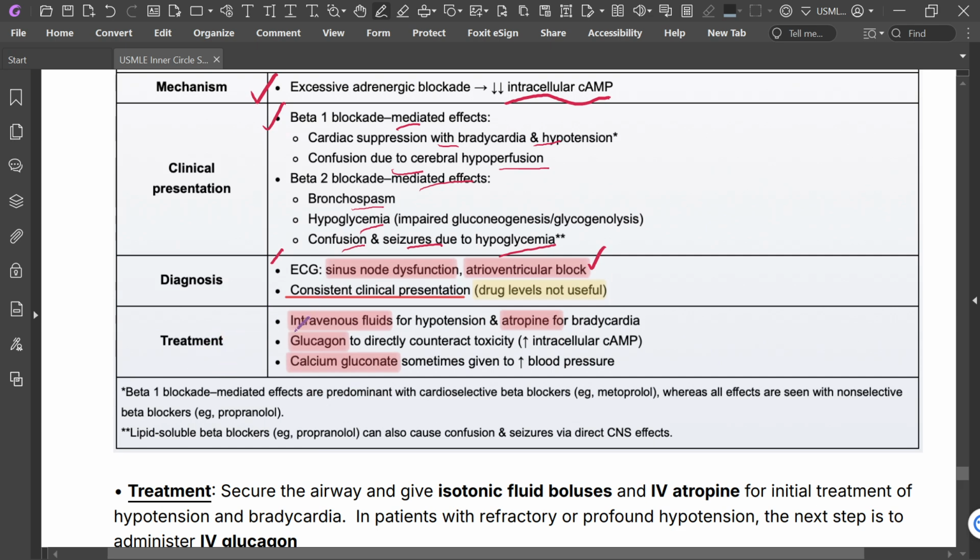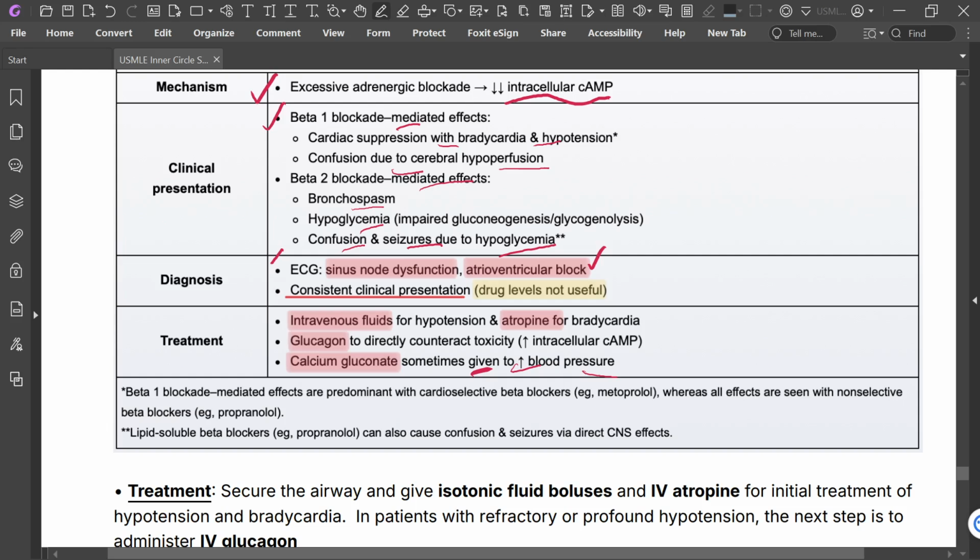Treatment is IV fluid for hypotension, atropine for bradycardia, and glucagon for hypoglycemia, to directly counteract the toxicity of decreased intracellular cyclic AMP. Calcium gluconate is sometimes given to increase blood pressure.